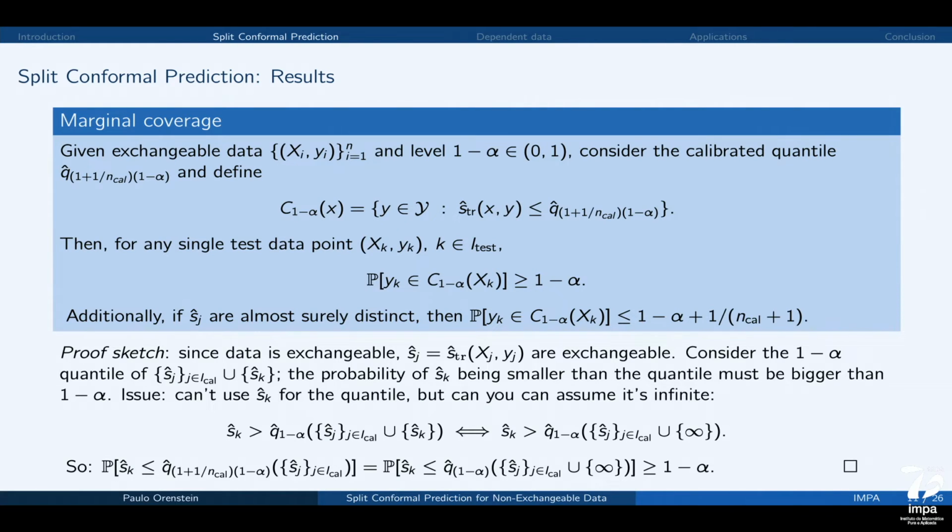So this guy here is the same as this guy here. And now things are really good because we know that this event is the opposite of this event, and because this is equivalent to this, we know that S hat K being smaller than this happens with probability bigger than 1 minus alpha. So it's a nice chain of arguments to show that that's all you need to have this guarantee here.